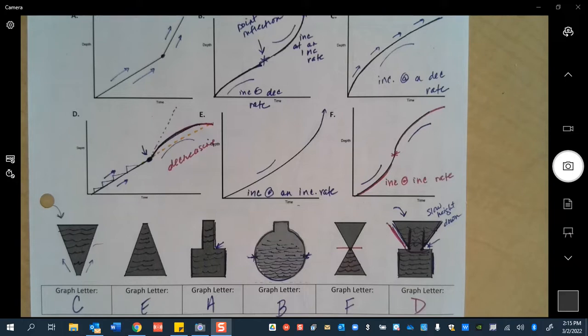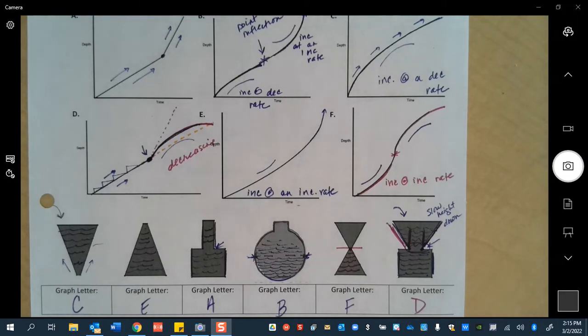Once I reach this point, it goes up faster because the walls of the bottle are skinnier, then that's why it goes up at a faster rate. The interesting thing to do is look at the graphs that are opposites of each other.